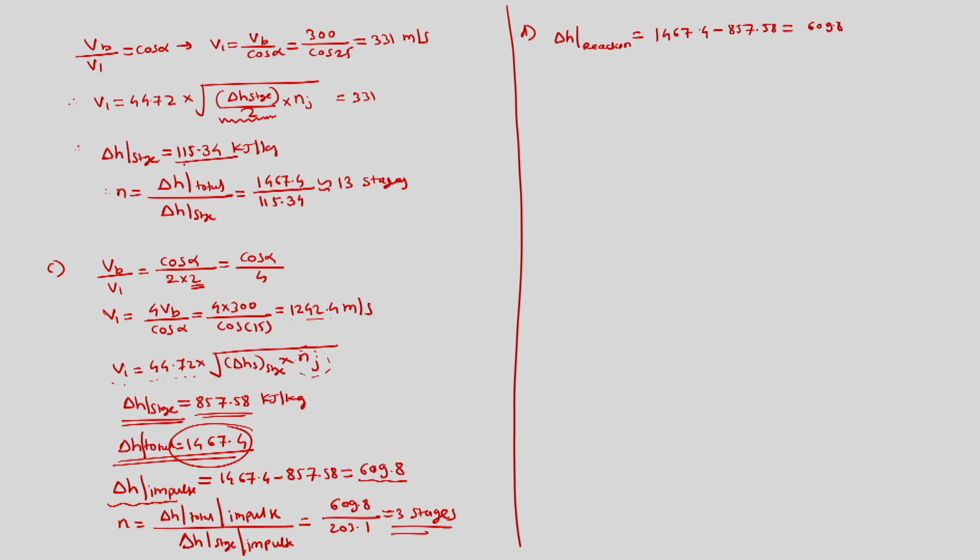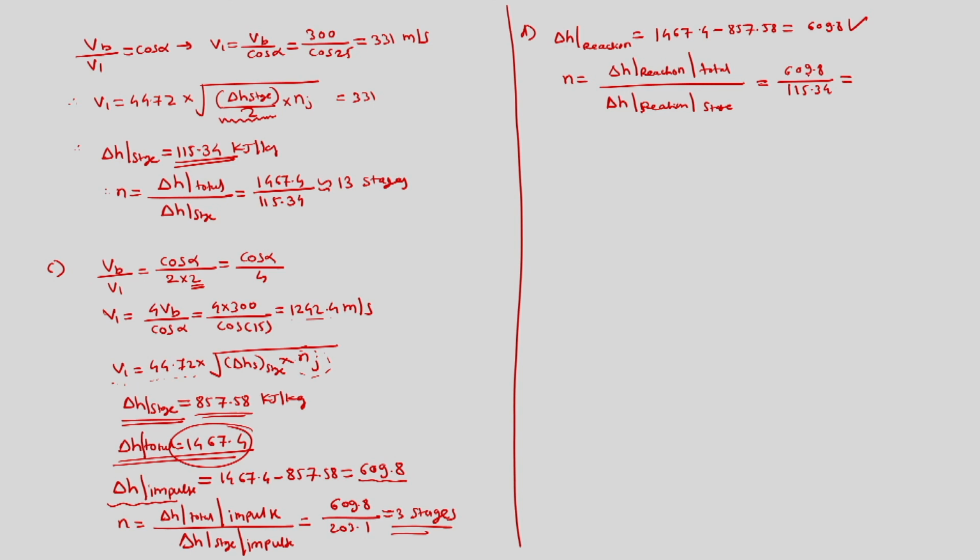We know one stage of reaction has 115.34, so the number of reaction stages is equal to delta H reaction total divided by delta H of a reaction stage, which is 609.8 divided by 115.34.